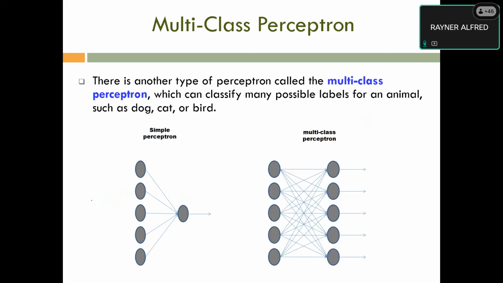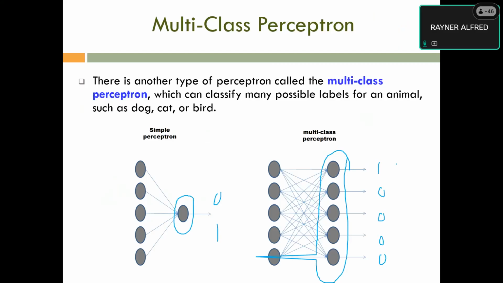Okay, so for the multi-class, basically what we have to add is this, because this is for binary 0 or 1, and this is for multi-class. So what happens is that it will do something like this. If it belongs to this class, so this is 1 0 0 0 0.